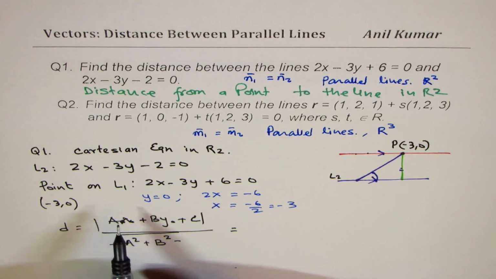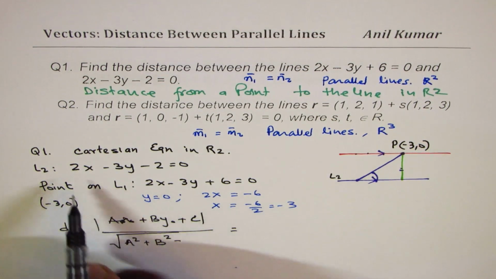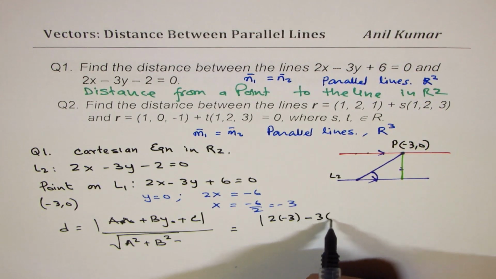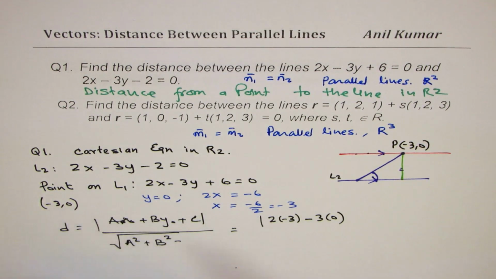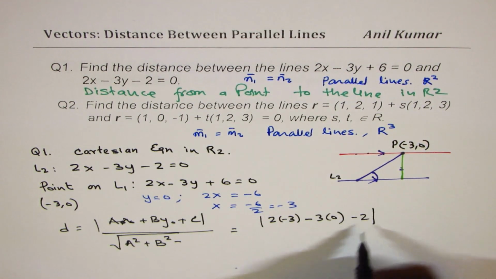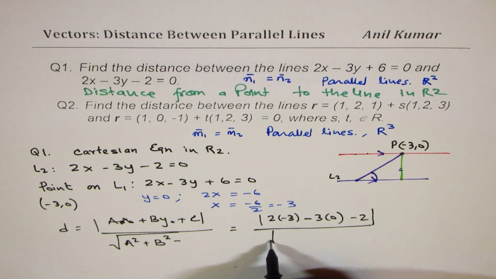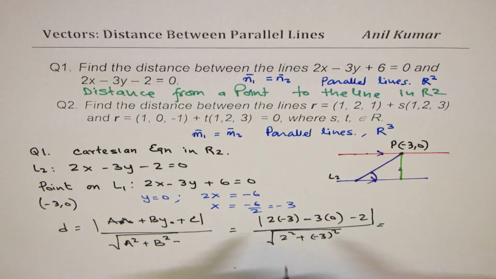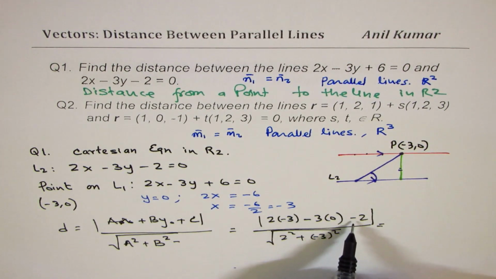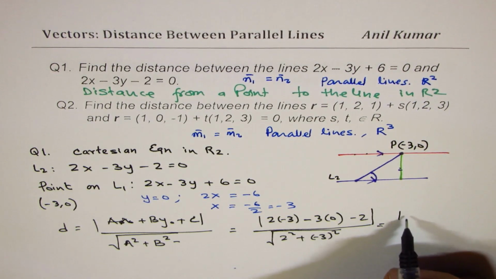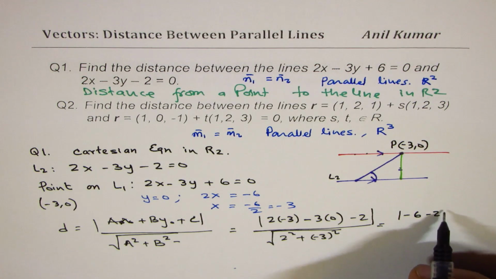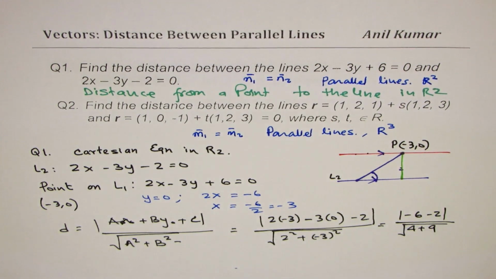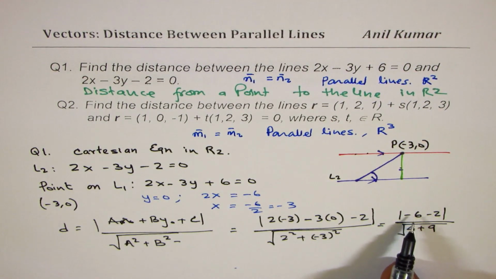So what we get here is magnitude of 2 times minus 3 minus 3 times 0, since y value is 0, minus 2, over square root of 2 square plus minus 3 square. So we have minus 6 minus 2 over square root of 4 plus 9, which is 13, and the numerator is minus 8.